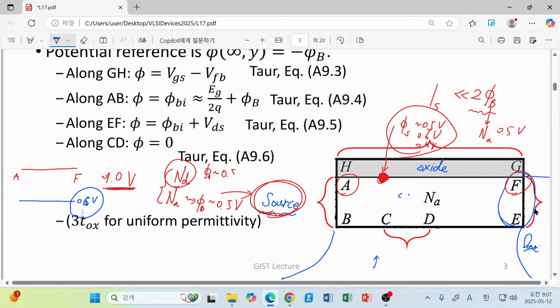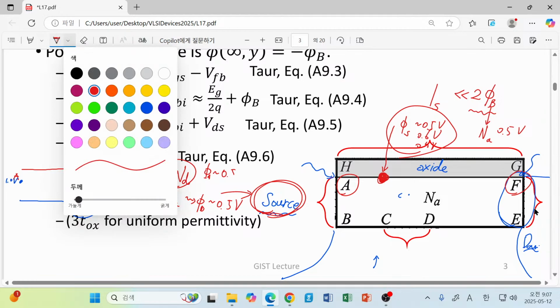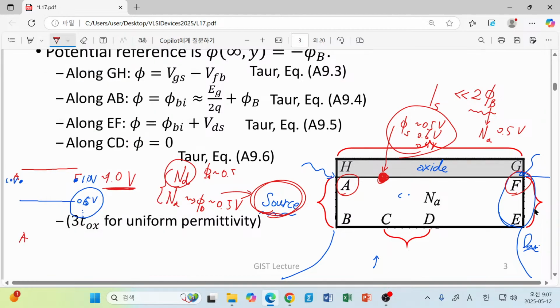But the point is, now due to the short channel geometry, the A and F values should be about 1.0 and 1.0. Of course, I would like to say, even when we consider a long channel device, this boundary condition doesn't change. It means that instead of this relatively short channel device, consider a long channel device with A and F.